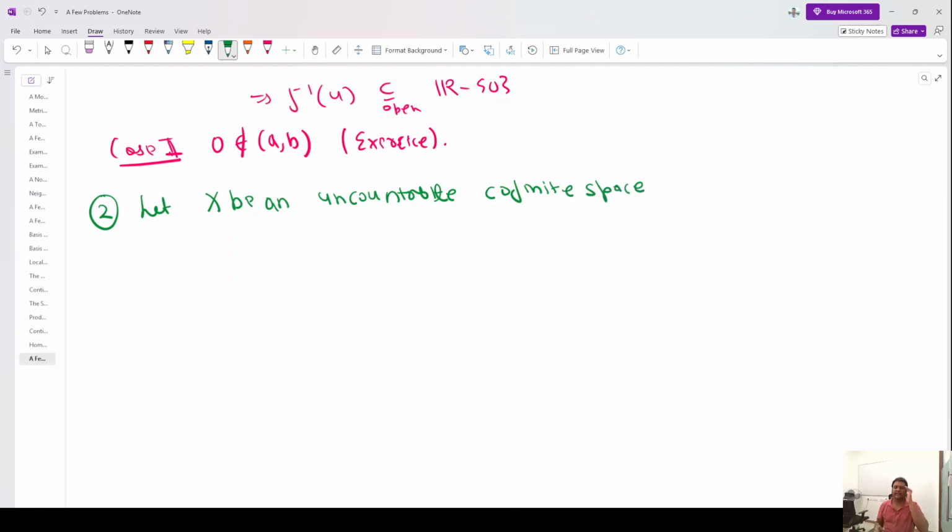What I mean by cofinite space is that X is equipped with the cofinite topology, which includes the empty set and all those sets whose complements are finite. And let f from X to R, the real line, be continuous. Show that, this is a very fun question.